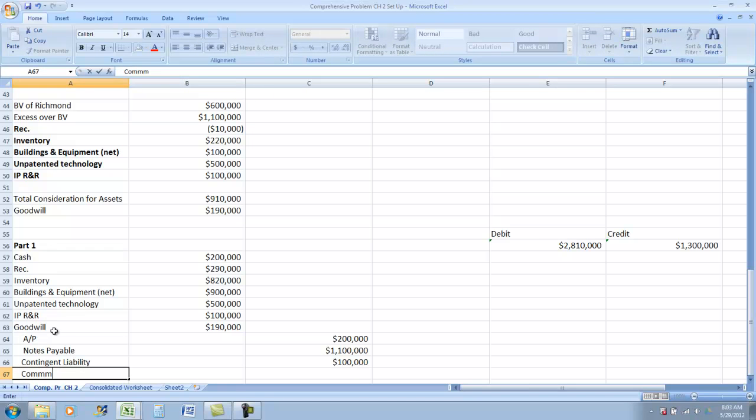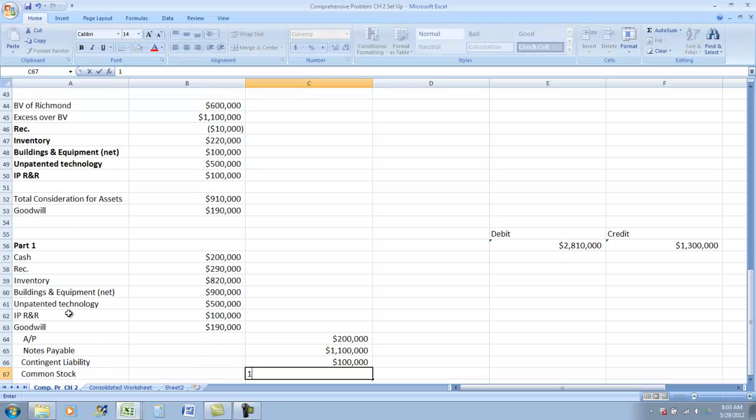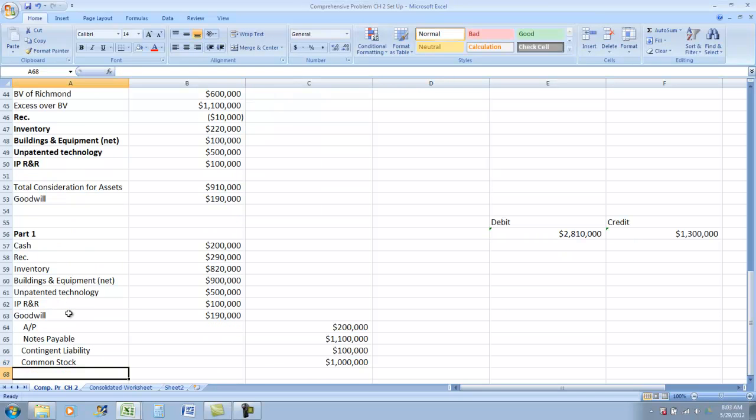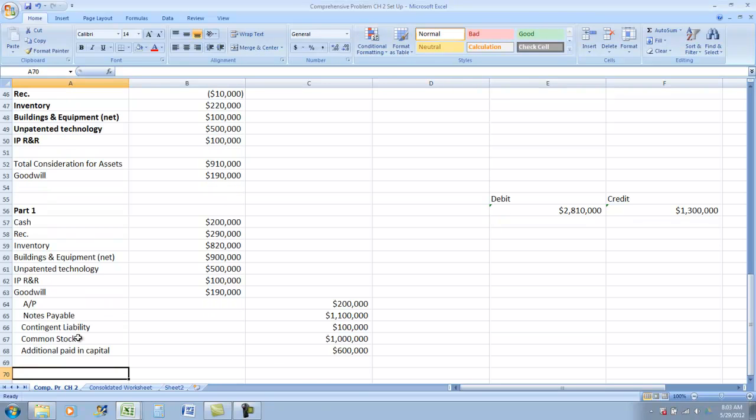Common stock, it's 1 million. Additional paid-in capital. Now let's see.